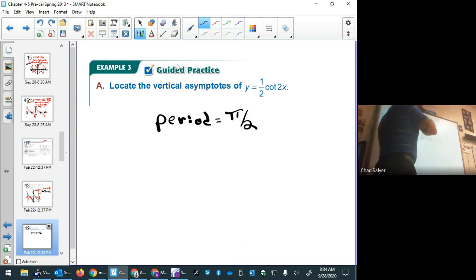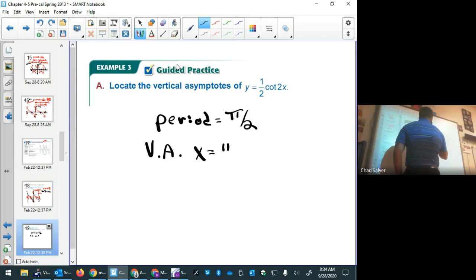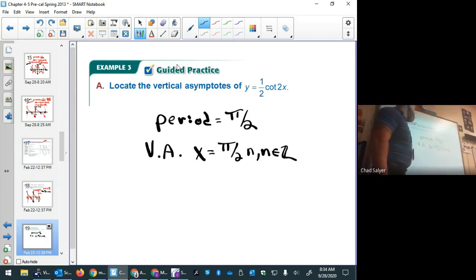And then, Clay, where did you think the vertical asymptotes might lie? Just looking at the graph that we just did, I would assume it's negative pi over 2 and 0, and then pi over 2. Good. So a way to describe all of them is going to be this. x equals pi over 2 times n, where n is an element of the integers. So you're right, those were the ones that would be on the graph.